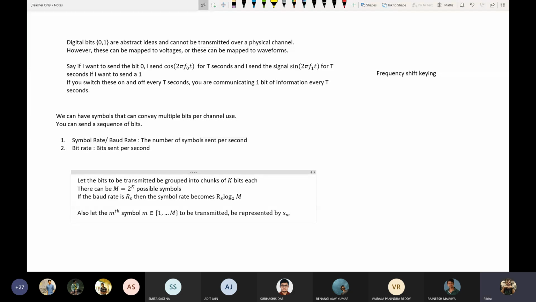Sir, isn't baud rate and symbol rate the same? Yeah, sorry, then the bit rate becomes RS times log 2 m. My bad.